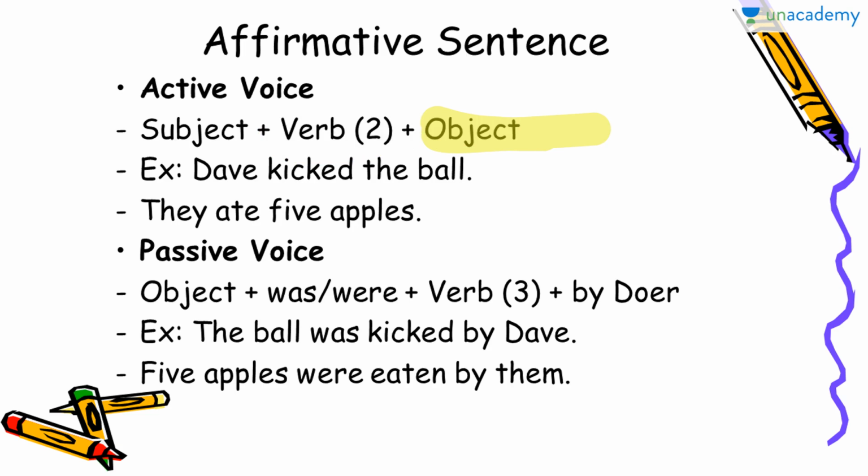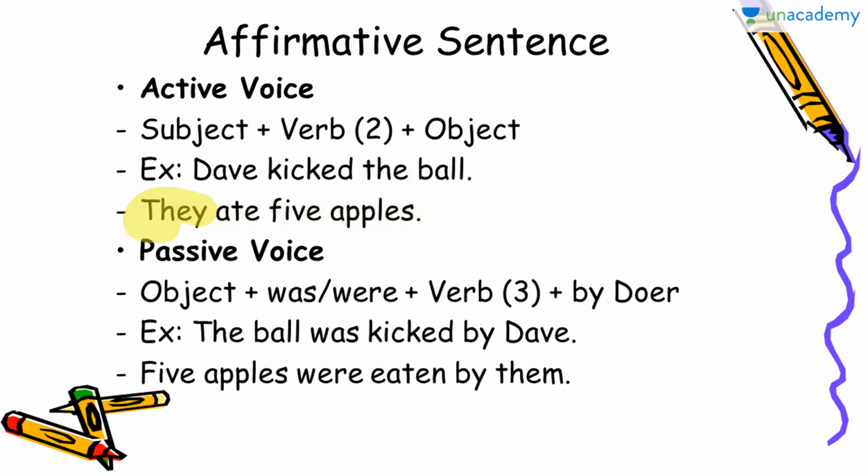For example, Dave kicked the ball. So the person doing the action is Dave, who is mentioned at the starting of the sentence. Then we are talking about the action in past. So kicked is the past form of kick. And what is being kicked? That is the ball. Another example we have is they ate 5 apples.